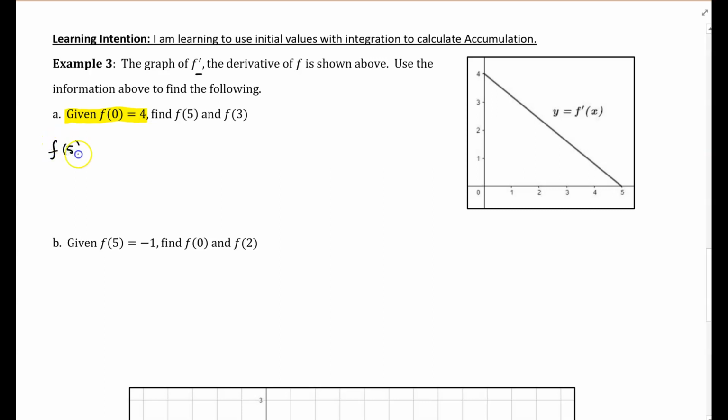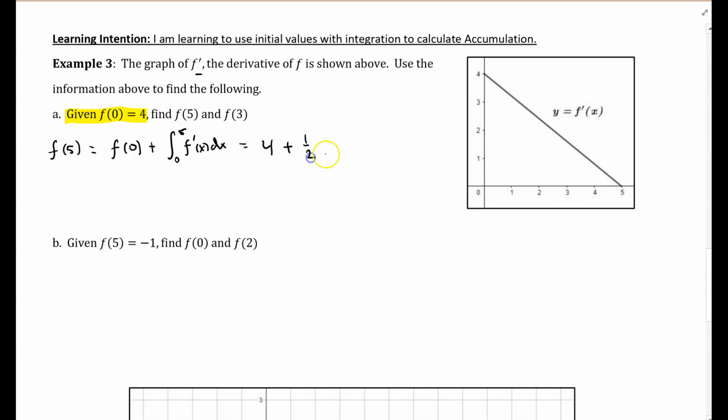Well, f of 5, I'm going to use my initial value, f of 0, whatever that is, and then I need to integrate the rate function. So f prime of x, I need to accumulate. What's that accumulation or net change from 0 to 5? So I know that f of 0, they tell us, is 4 plus the integral from 0 to 5 of f prime of x dx. I have that graphically, and that's just the area under the curve.